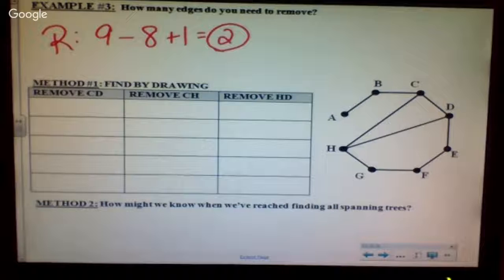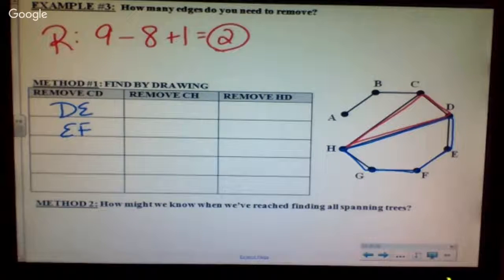Okay, so same kind of idea. I've got 3 options in this circuit. So I've listed them, CD, CH, and HD. Along with those, I can pick any one of these 5 edges. So I can pick DE, or EF, or FG, or GH, or HD.